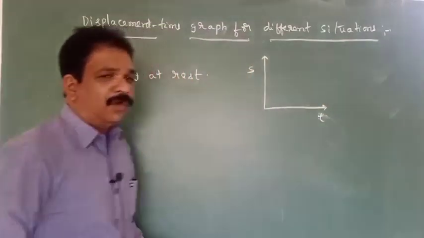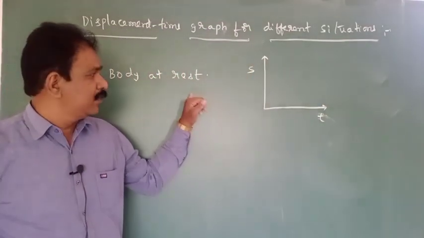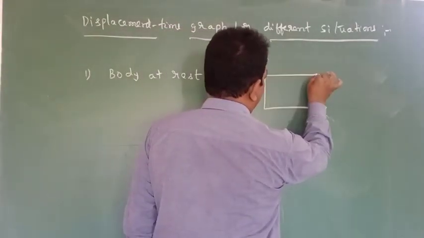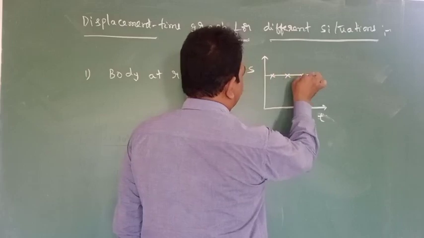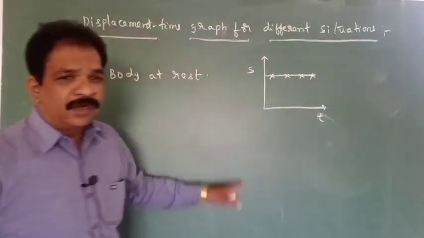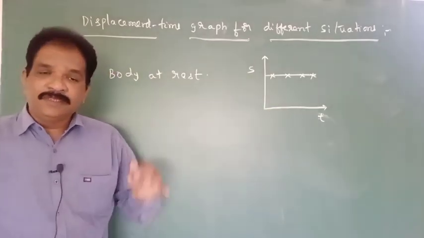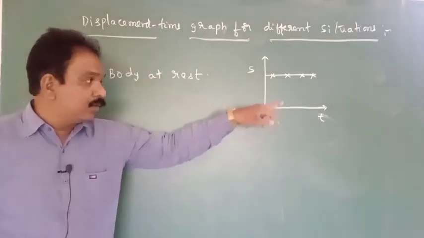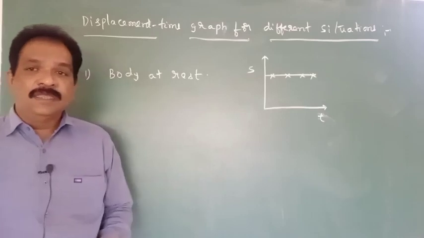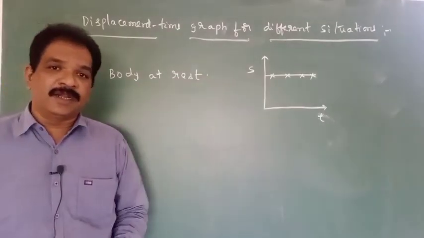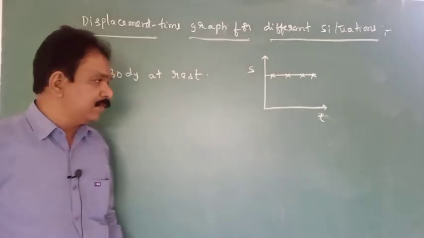The position of the body is not changing with time. So the displacement time graph for that will be in this manner. If the displacement time graph is a straight line parallel to the x-axis, then we can say that the body is at rest. Point is clear?